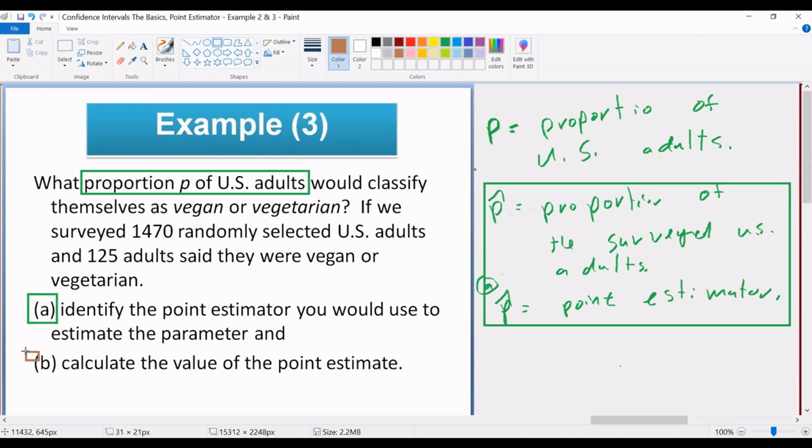In order to answer B, we're calculating our point estimator. Since p hat is a proportion, our proportion is some kind of ratio or fraction. So what we're going to have is the number of individuals who classify themselves as vegan or vegetarian all over the sample group.